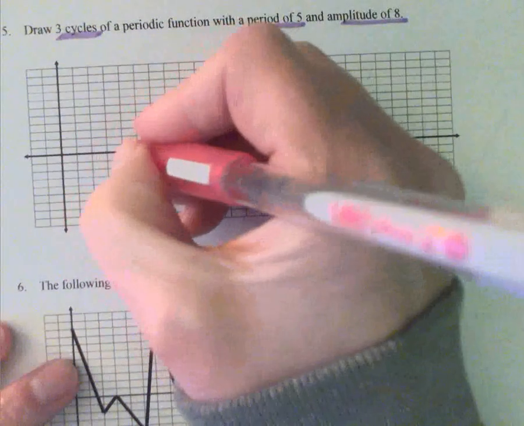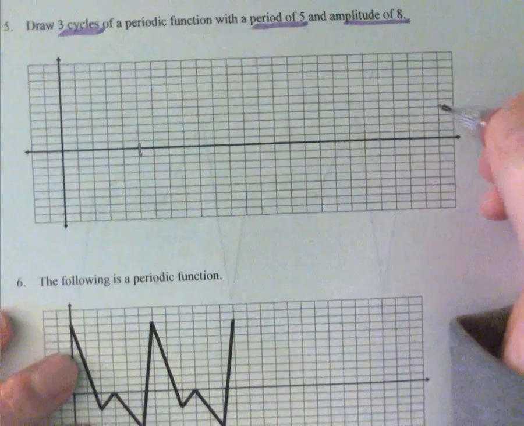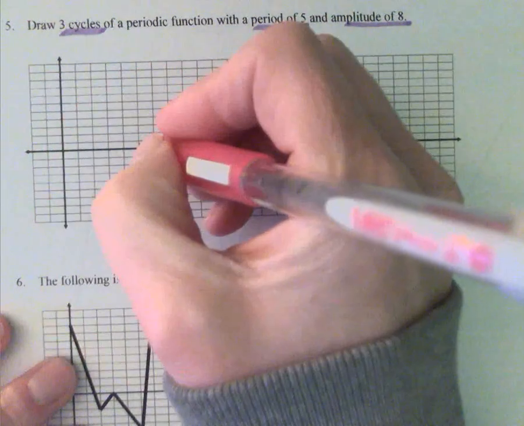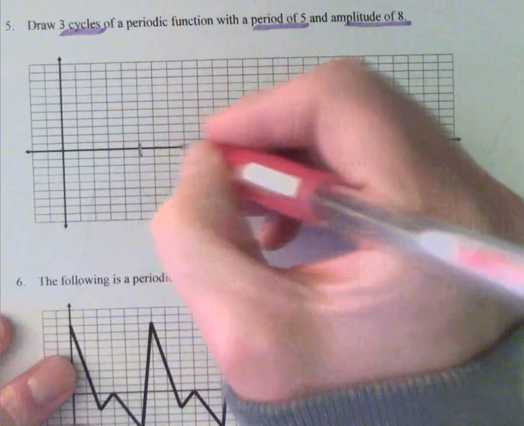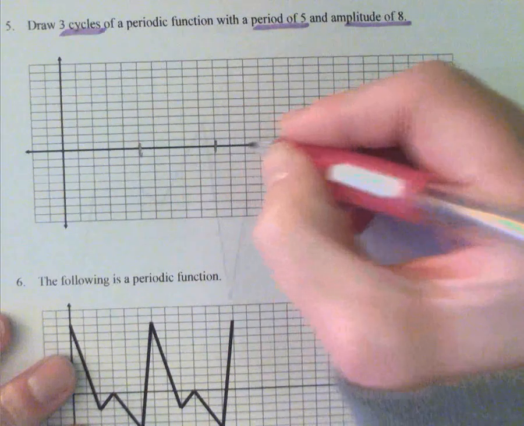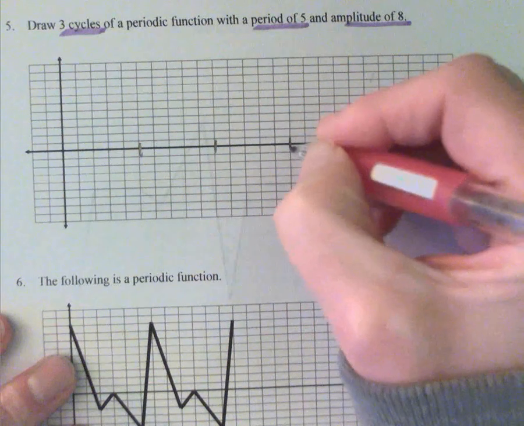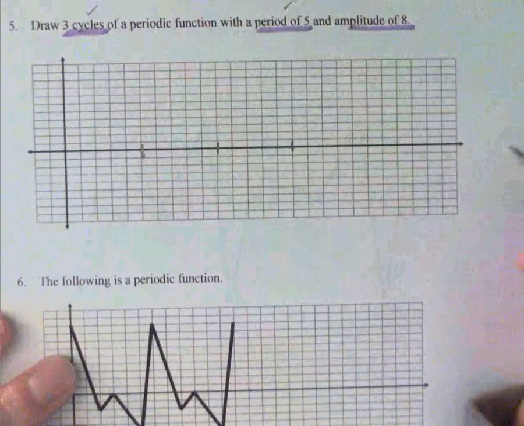So I'm going to count over 1, 2, 3, 4, 5, and I'm going to make a darker line. That means my whole cycle has to finish in that amount of space. I need 3 of them, so I'm going to go 1, 2, 3, 4, 5. Do it again. 1, 2, 3, 4, 5. So that gets me a period of 5 and 3 cycles.